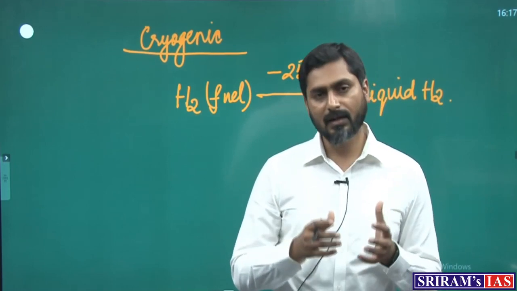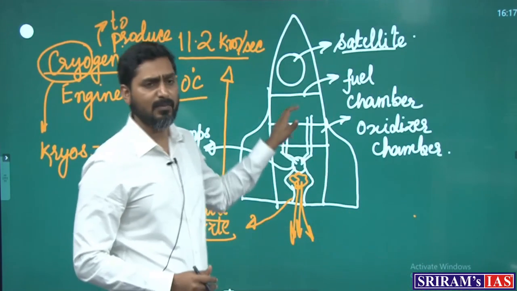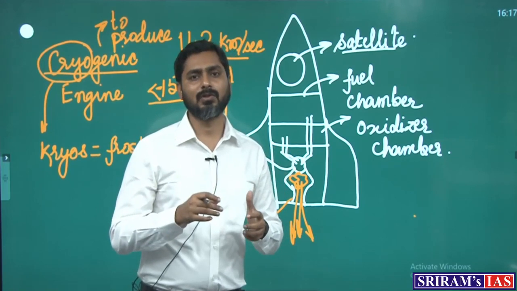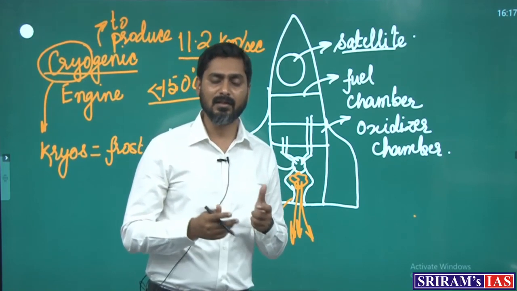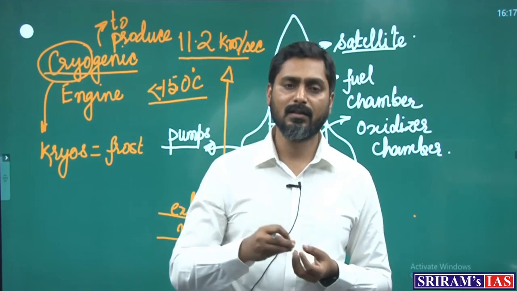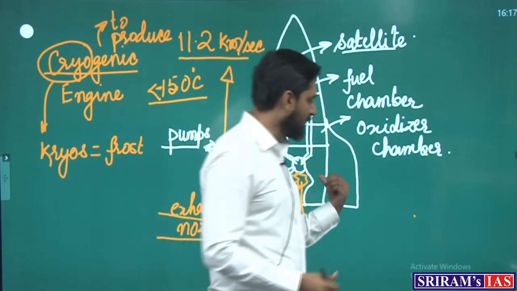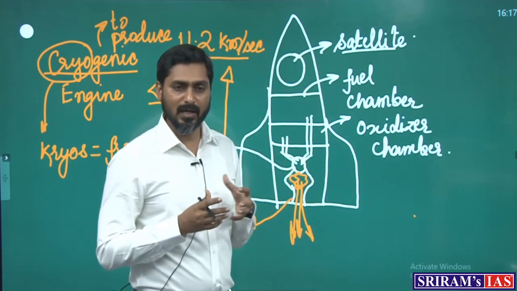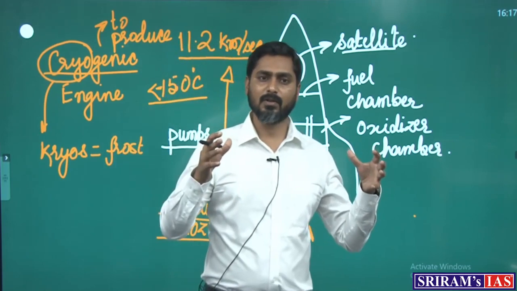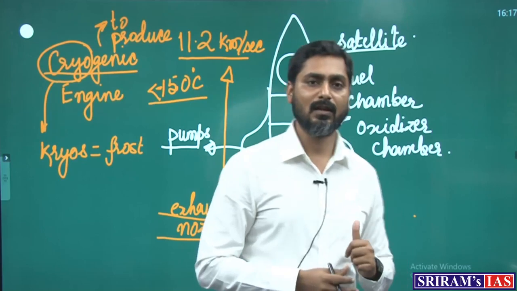So in the same space we have packed more hydrogen molecules, drastically increasing the energy density of the fuel, and because of that, when we burn it, we get a lot of hot exhaust gases. Because of that, we are able to produce more thrust than a conventional engine.